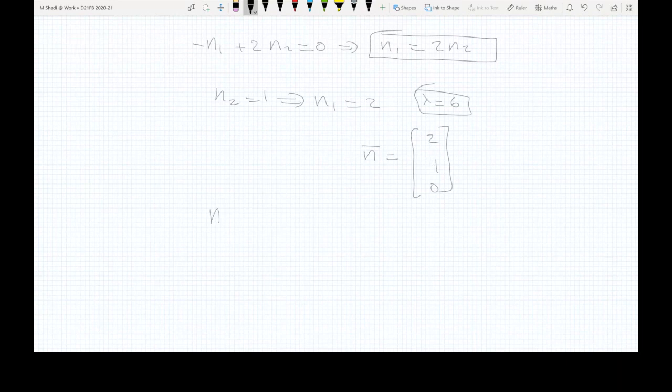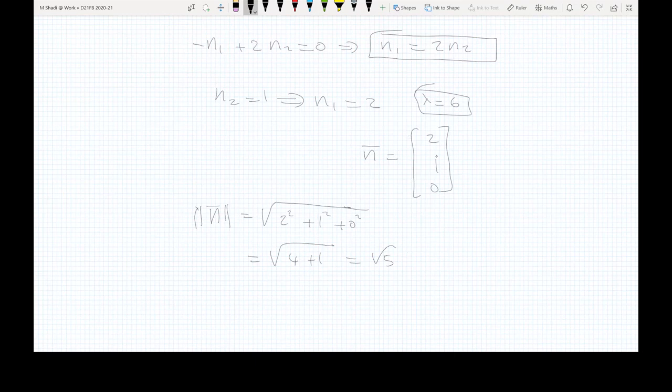So the length of n, I'm going to use these two parallel lines to express that this is the length. So this is the square root of the sum of the squares. So it is 2 squared added to 1 squared added to 0 squared. And this is the square root of 4 added to 1. So this is the square root of 5.